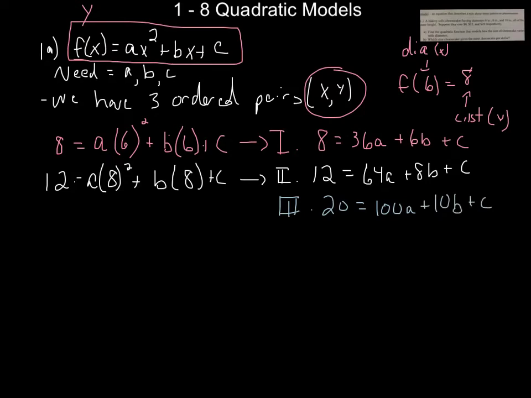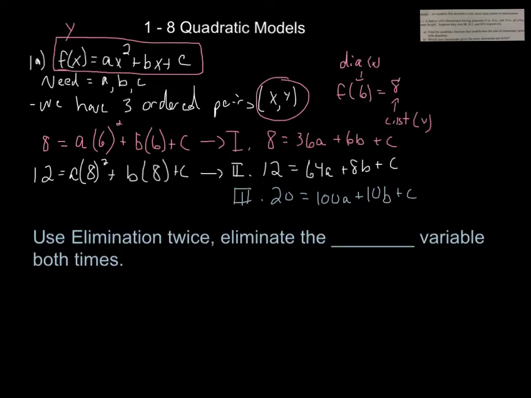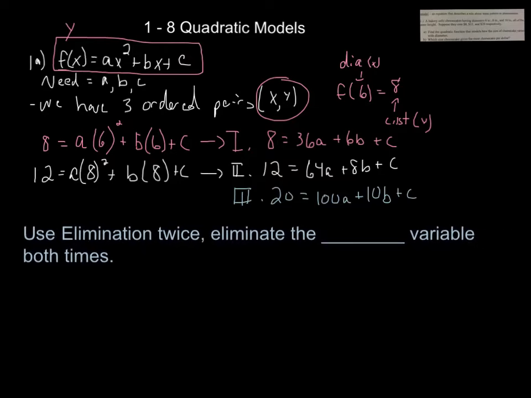You have a system of 3 equations and 3 unknowns. So just like you would use elimination on a system with 2 equations and 2 unknowns, you're going to use elimination again, but you have to do it twice, and you have to eliminate the same variable both times. You did this in Algebra 2.